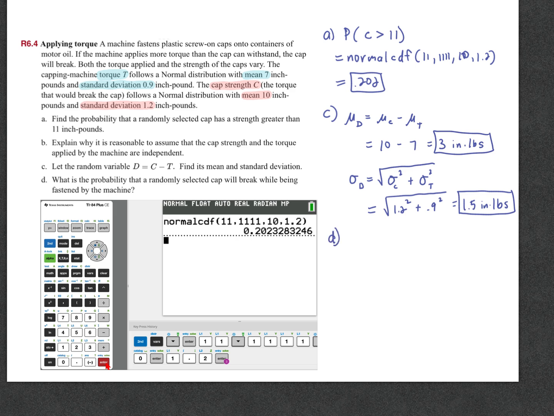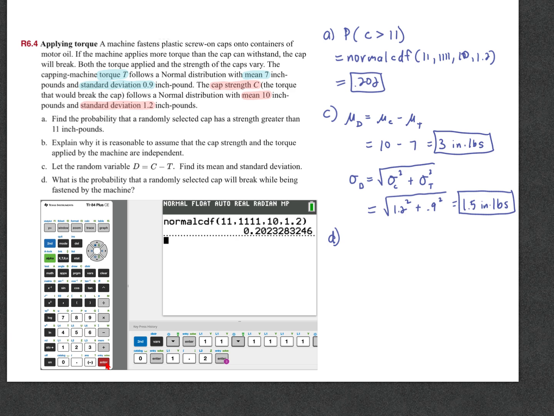The last one asks what's the probability that a randomly selected cap will break while being fastened by the machine. They're not always going to tell you exactly what to do. You have to think in context about what to do. A cap will break if the torque applied is stronger than the strength, and they define it up here: cap strength is the torque that would break the cap.